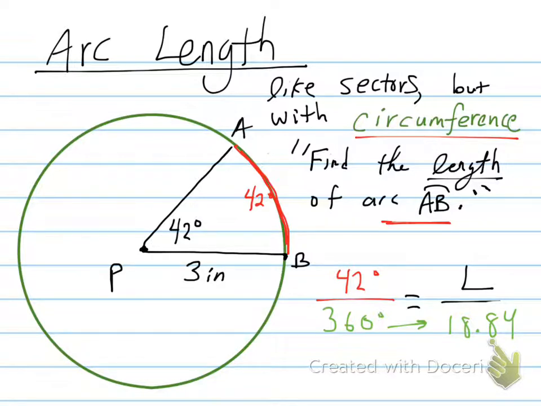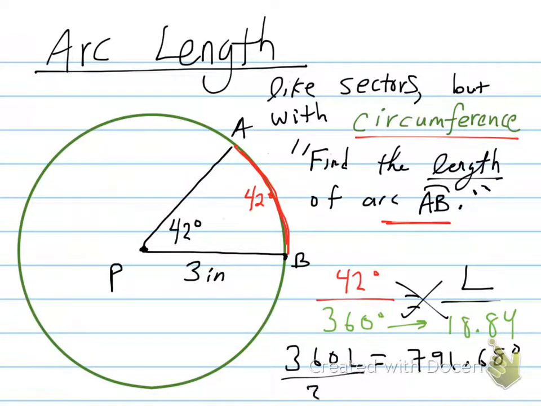So once again, now that we have a reasonable answer to compare against, I'm going to cross multiply, which will give me 360L equals something that I had, but I accidentally cleared my calculator. Let's see, 42 times 6 pi, some weird number like 791.68. Not important at the moment because that is 360L.